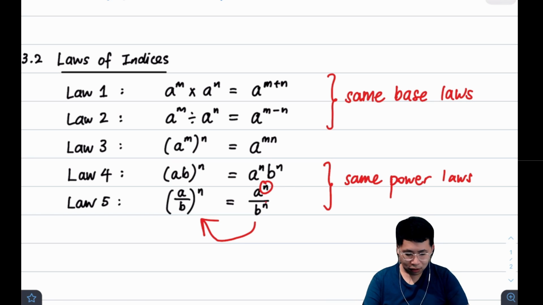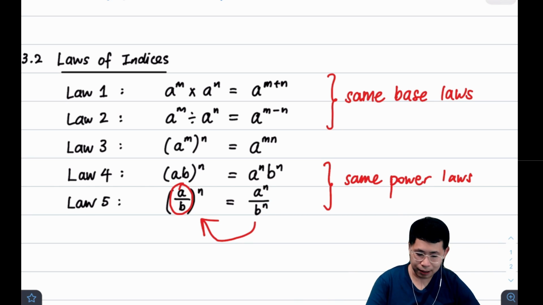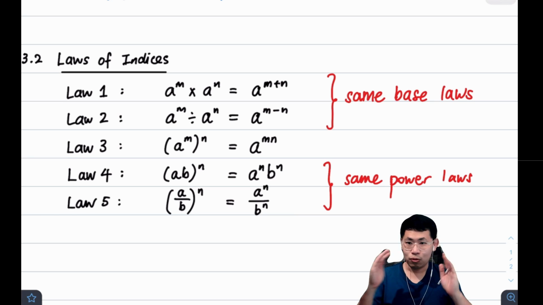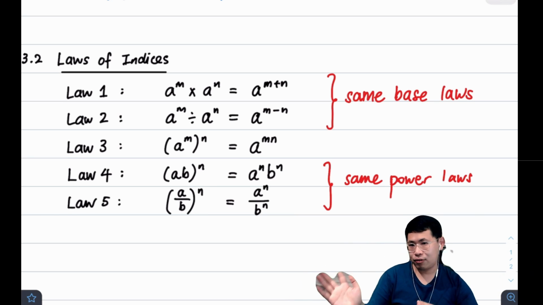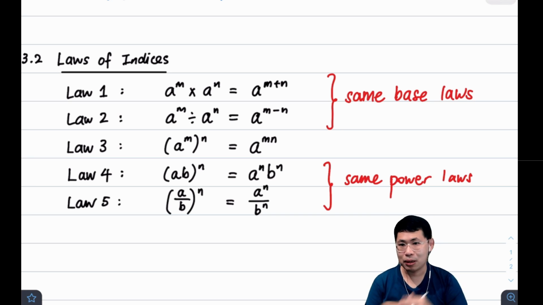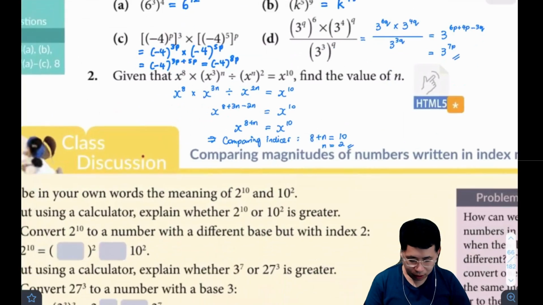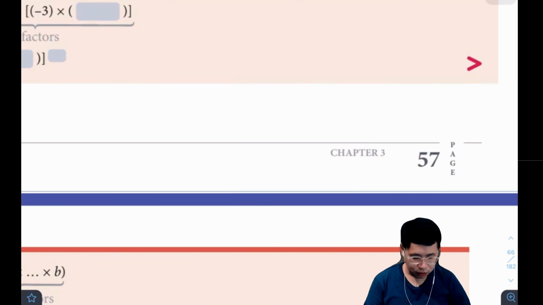Same thing, if the powers are the same in fractions, you can combine the fraction together and leave the power on the outside. So from the left to the right is to split into the individual powers. From the right to the left, it is to combine the bases together because they have the same power. So this is law 4, law 5. Let's take a look at y over here. Now, flip to page 57.